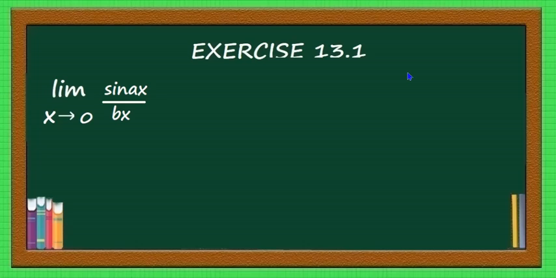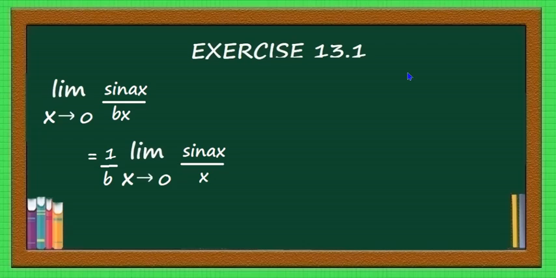Here 1 by b can be taken outside the limit because it is constant, and it is 1 by b into the limit as x tends to 0 of sin ax by x. You know that the limit as x tends to 0 of sin x by x is equal to 1.